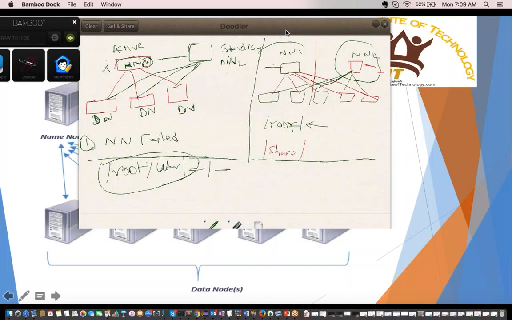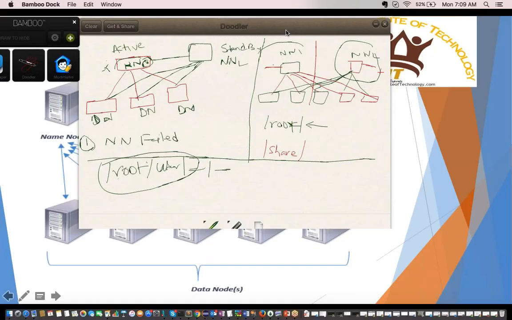One will handle one namespace, and the other will handle the other namespace. What is a namespace? When you store data, you specify the destination path. Whatever data comes under root will be taken care of by name node 1, and whatever data comes under share will be managed by name node 2.